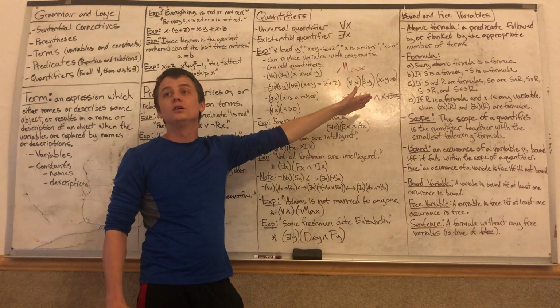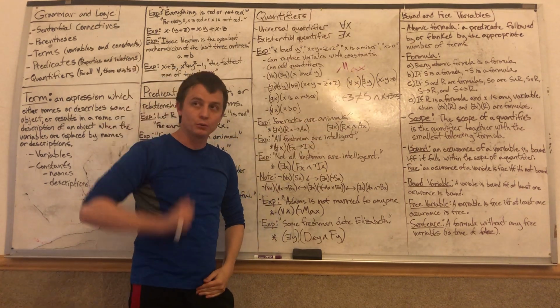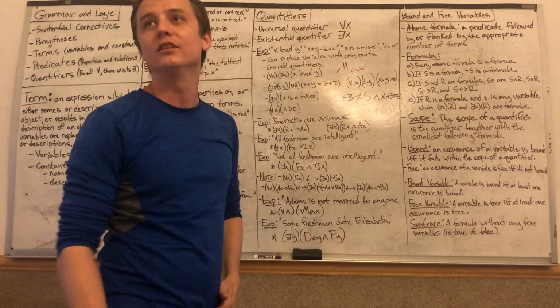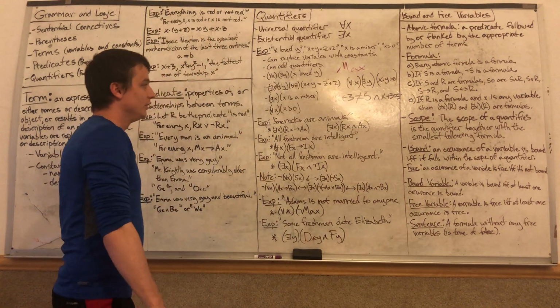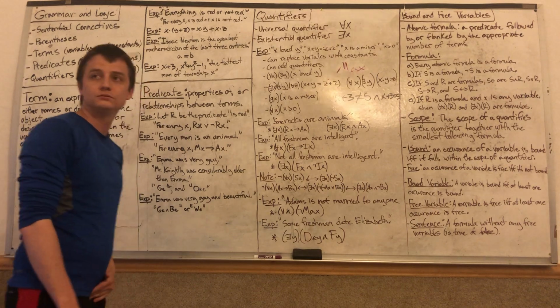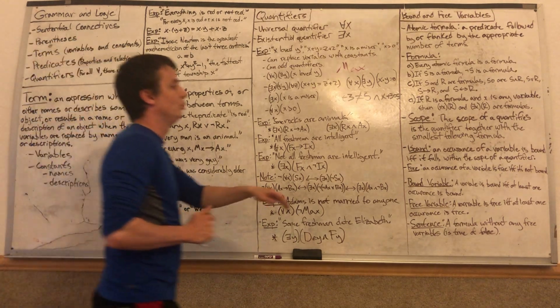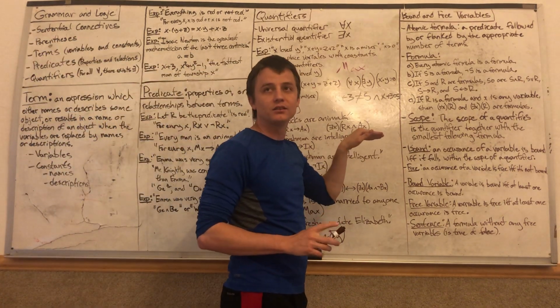So formulas aren't sentences. A sentence is a special type of formula. In short, a sentence is a formula that you can determine is true or false. So even nonsense and gibberish can be a formula. Is that accurate? We could get weird things.